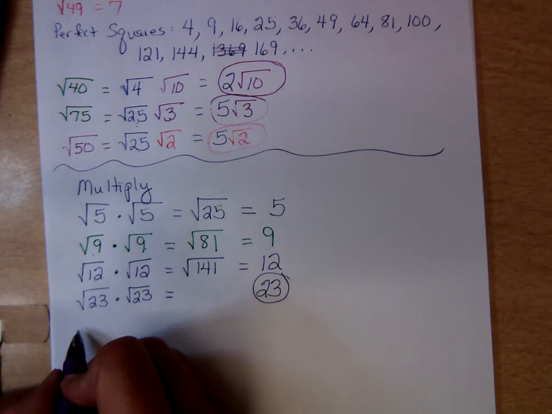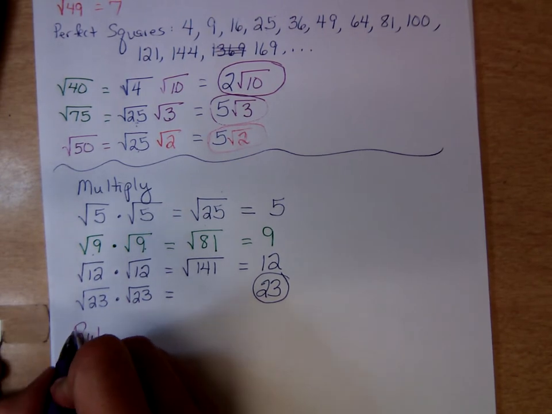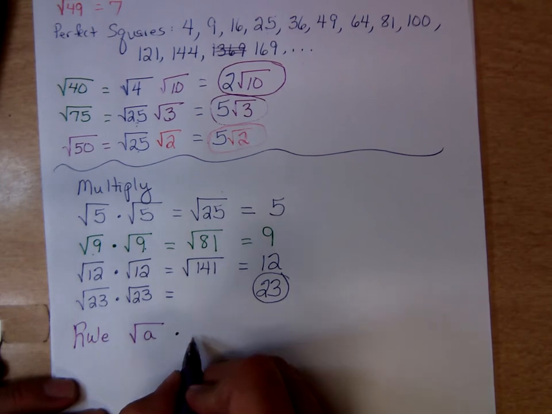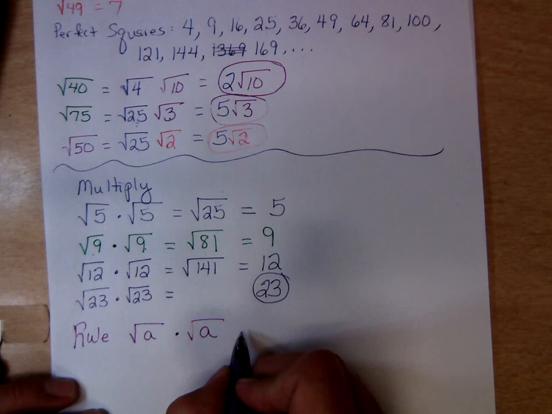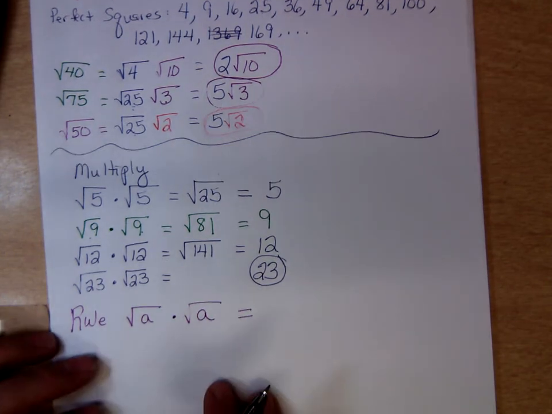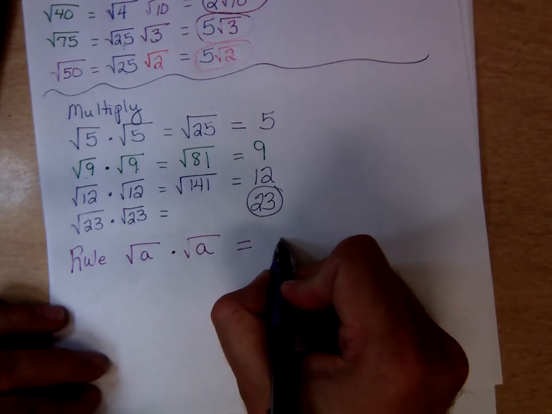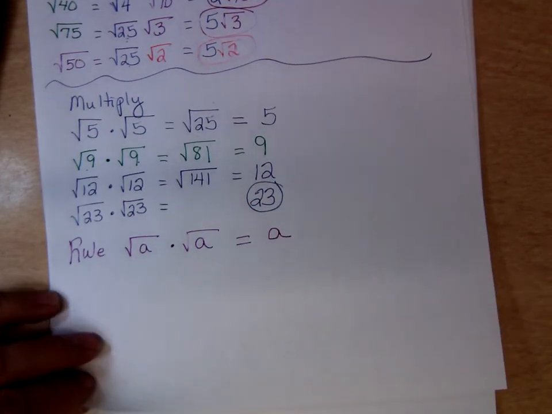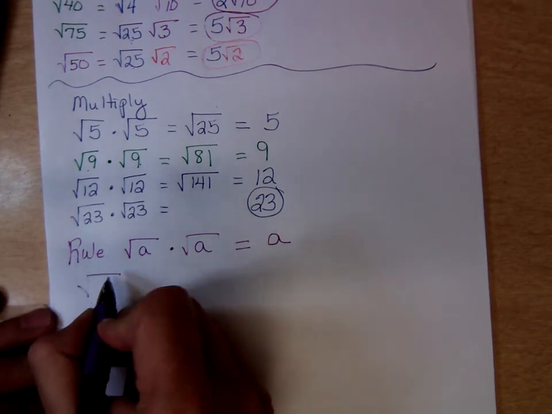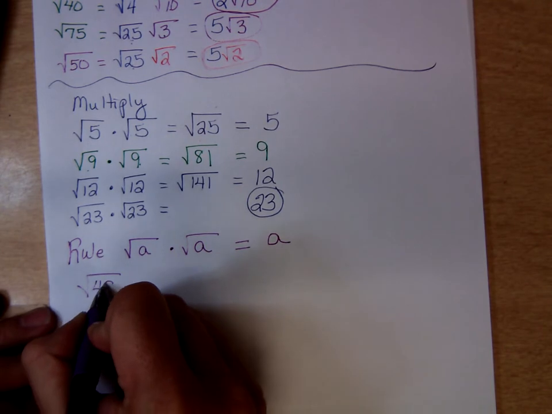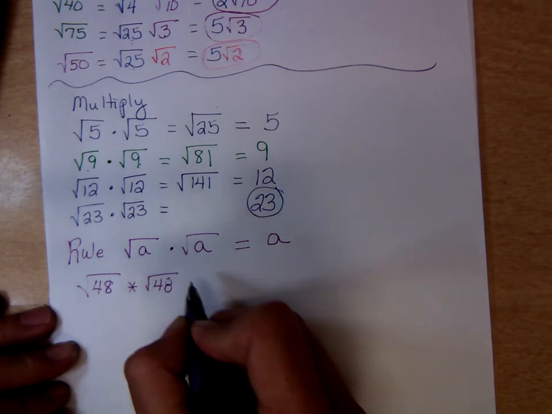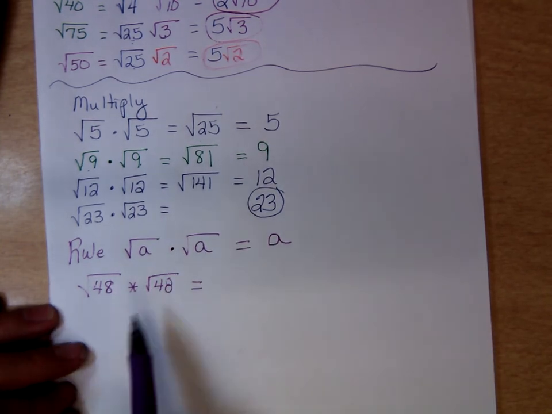Here's a rule. The square root of a times the square root of a, if these are the same numbers, is always a. Okay? So if we wanted to figure out the square root of 38 times the square root of 38, you don't actually have to get out your calculator and multiply out 38 times 38.